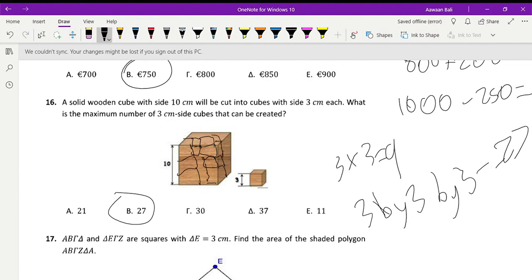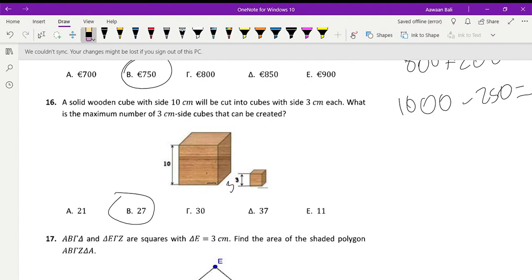Basically, that means that for a whole side you can fit 9 cubes, and then there'll be 3 layers of that because the length here would be 3. So 27 cubes in total can be fitted, but there will be some wood left. So the answer is Vita.